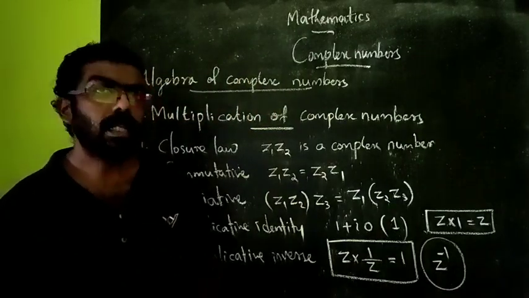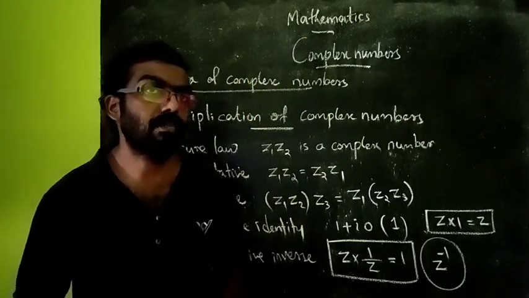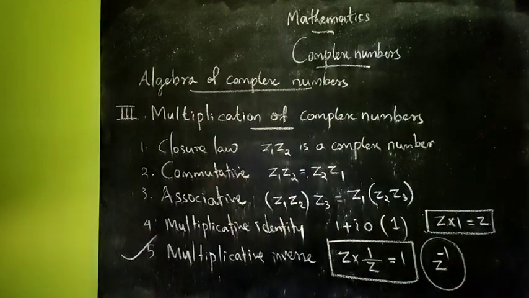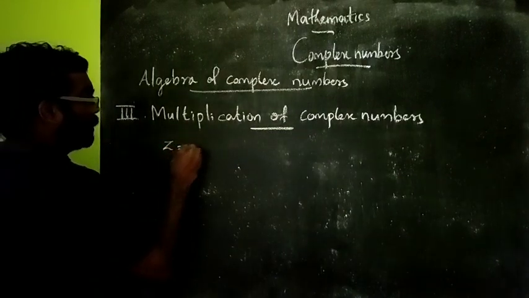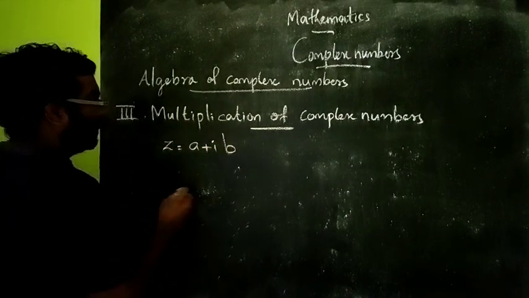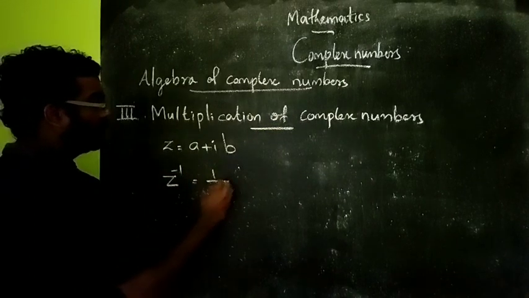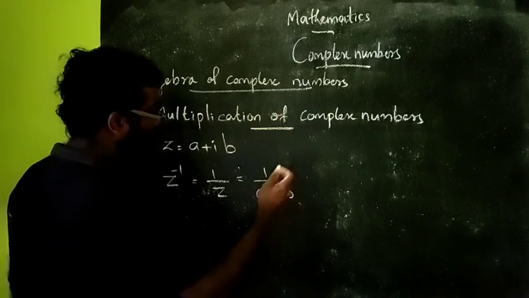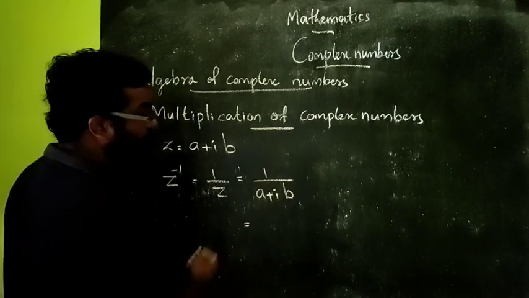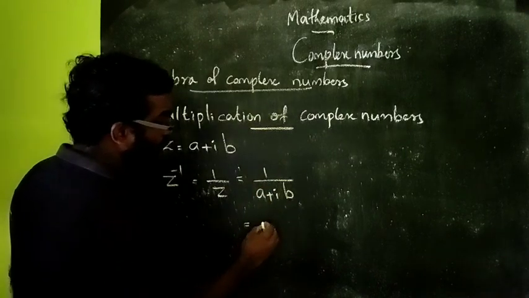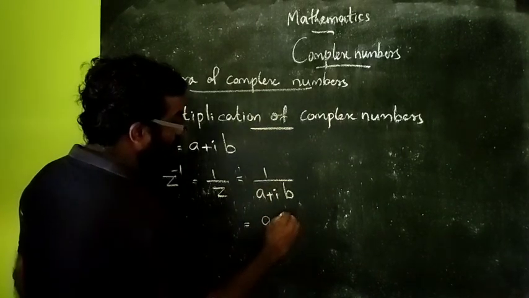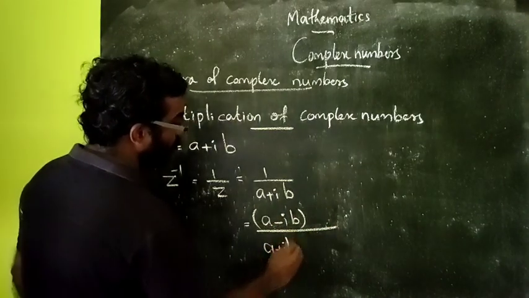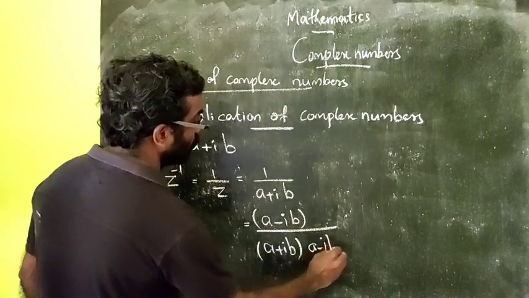There is a formula to find the multiplicative inverse of a complex number that we can derive. Let us take the complex number a plus ib. Z is equal to a plus ib, and Z inverse we know is 1 by Z. So here we can substitute the value 1 by a plus ib, and in order to change it into standard form, we have to multiply both numerator and denominator by a minus ib.